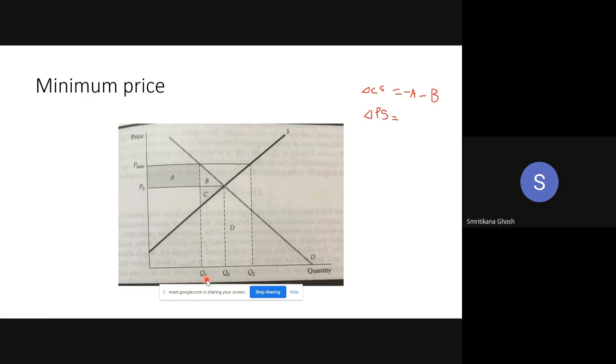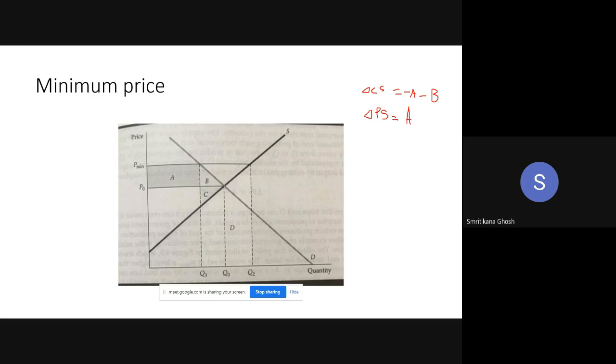So can you tell me what is the change of producer surplus here? Ma'am, previous producer surplus plus A plus B. No, no. I agree with you that A is there, but what about B? I have a doubt with B. A is the gain of the producer, that is true.